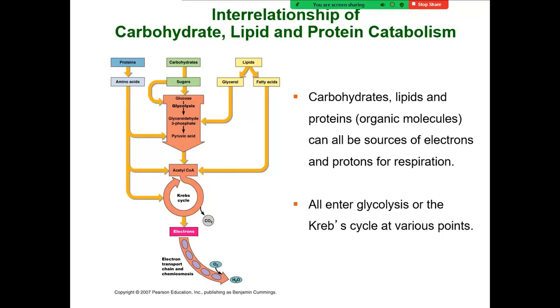Some of them enter early, as they will be converted into pyruvic acid, which is the last member of the Krebs cycle process of aerobic respiration. Any question about any of that?